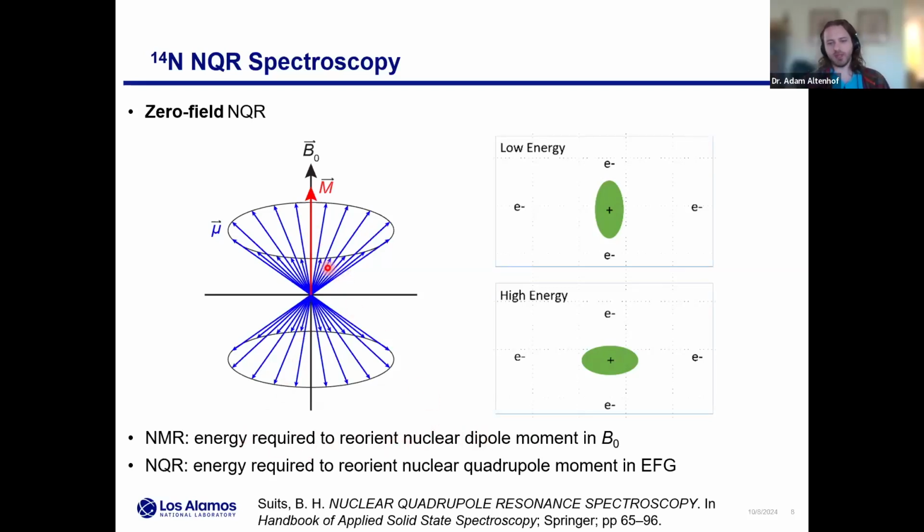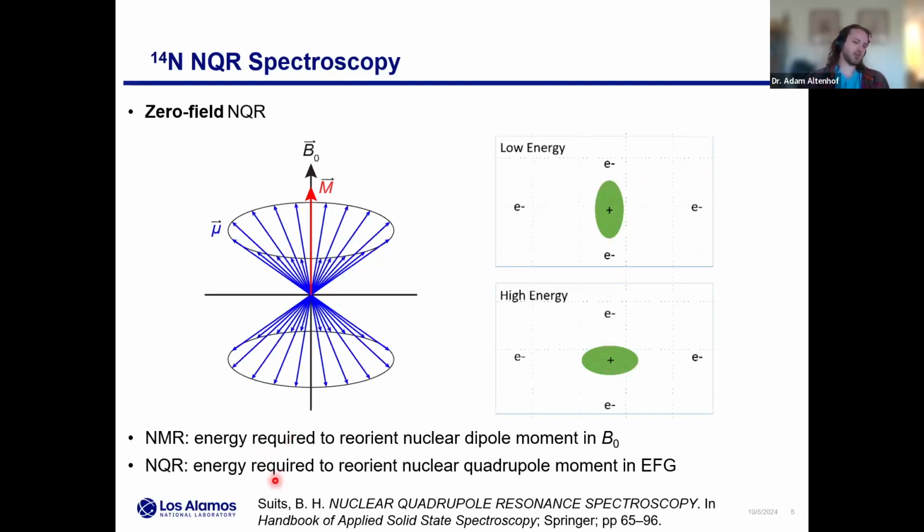Now, in the NQR case, this only works on quadrupolar nuclei, so spins greater than 1/2. We have these non-spherical nuclei, and now they're sensitive to something called the electric field gradient. In a similar enough manner, there will be a low energy conformation of the quadrupolar nucleus in the EFG, and also a higher energy conformation.